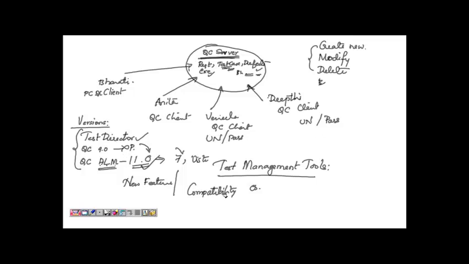Okay. So ALM is nothing but application life cycle management. It is a name. What is this again? Application means what? Software.